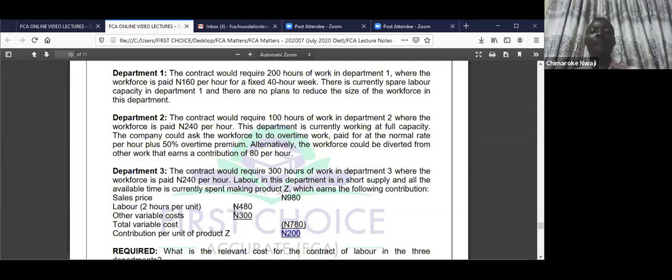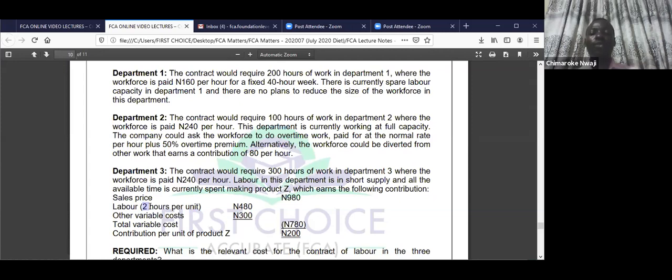Now, for how many hours will they lose this contribution? If they are doing 2 hours for 1 unit, and you have 300 hours of work that these people will come and join, that will mean that for every 2 hours, 1 unit will be produced.